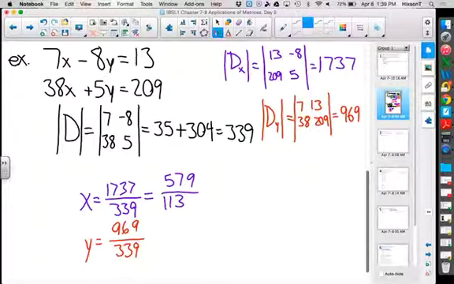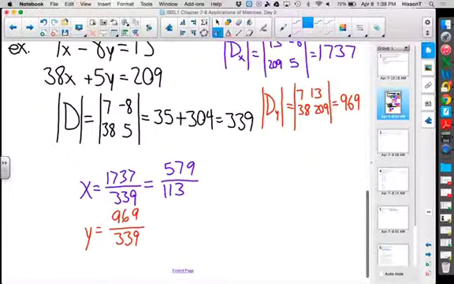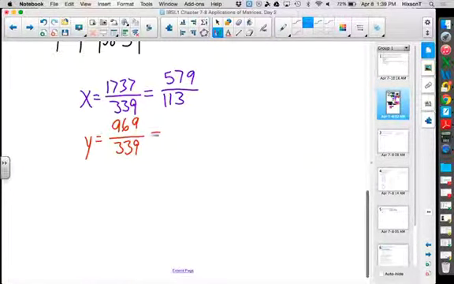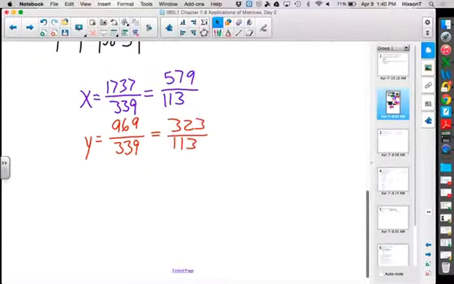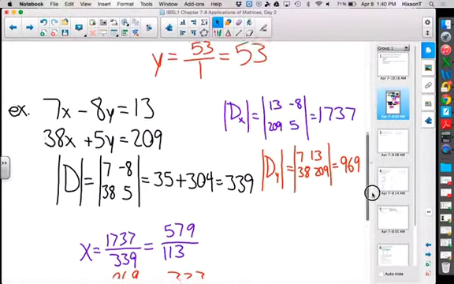And that reduces to 323 over 113. I think that's as far as that can go. All right. Any questions?